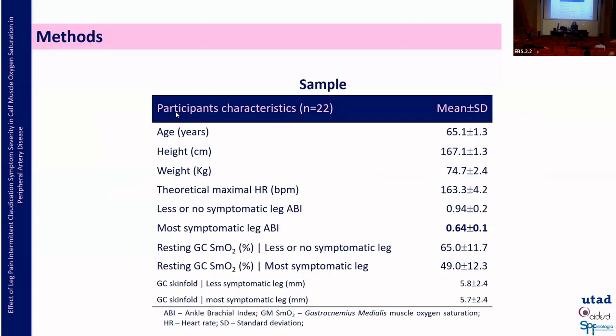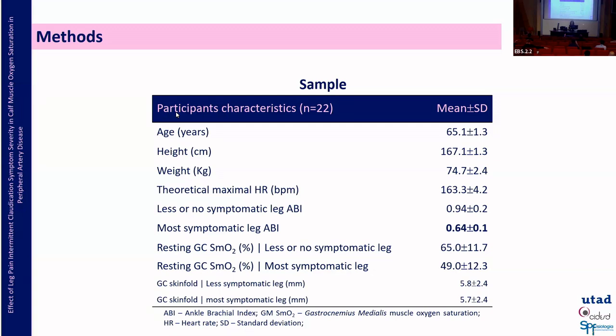during an incremental protocol. So 22 men with symptomatic peripheral artery disease in stage 2B of the Fontaine classification were recruited for this sample. It means that they have claudication, they have pain at a distance shorter than 200 meters.